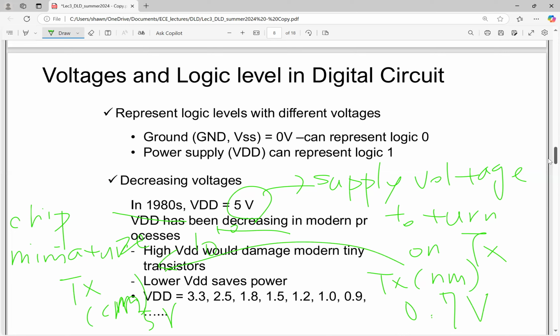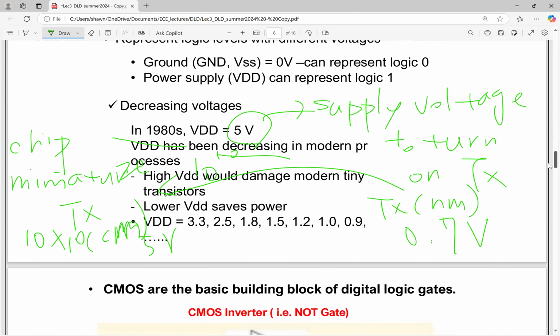The centimeter size compared to the nanometer size, it's going to be 10 times 10 bigger. Am I right? Millimeter. No. Anyway, fine.